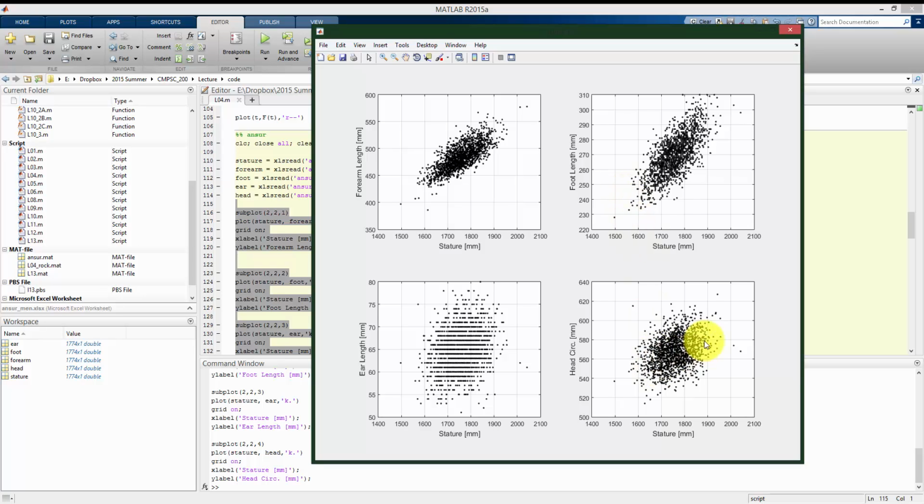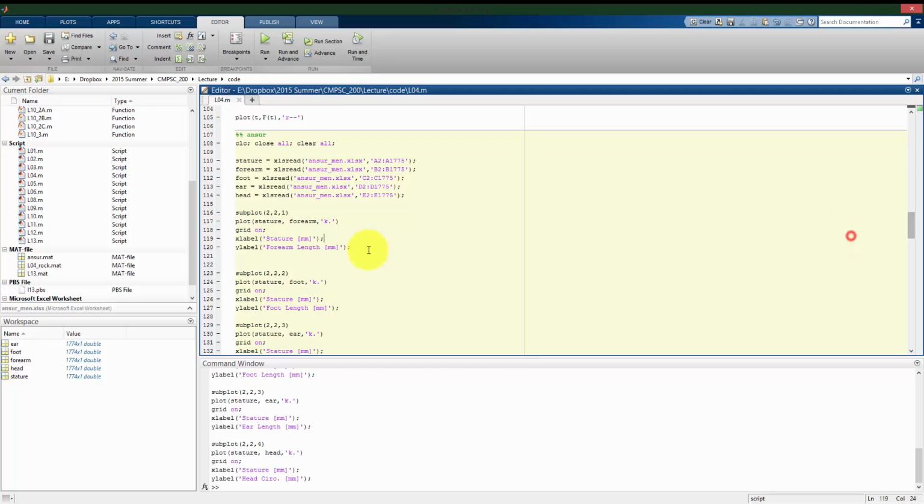We see generally that the taller you are, the larger your head circumference is going to be, but it doesn't seem quite as strong as in the top two, where they form a cluster around a line with a positive slope. And we're going to see that the numbers agree with this kind of visual inspection. So let's look at what the numbers say about these relationships.